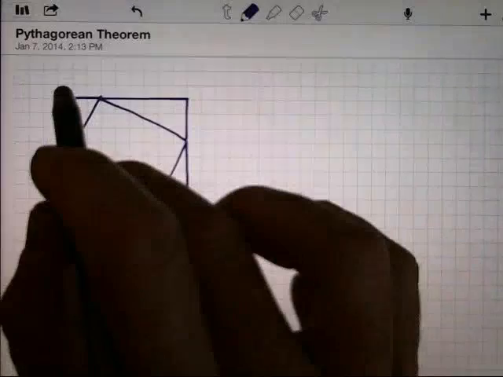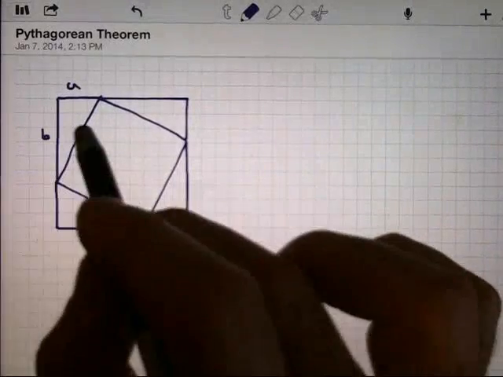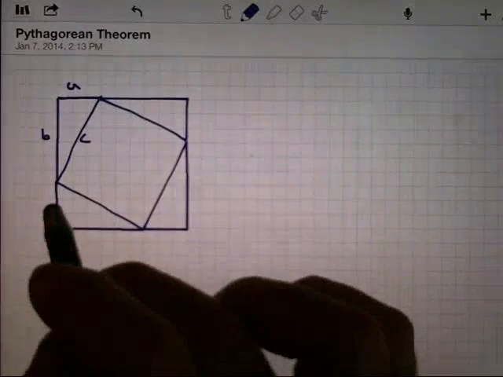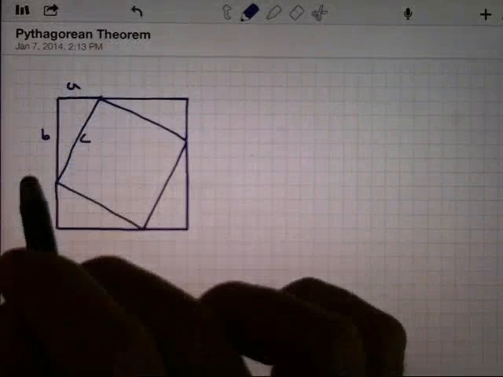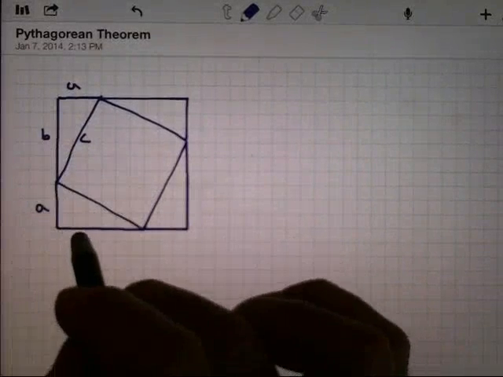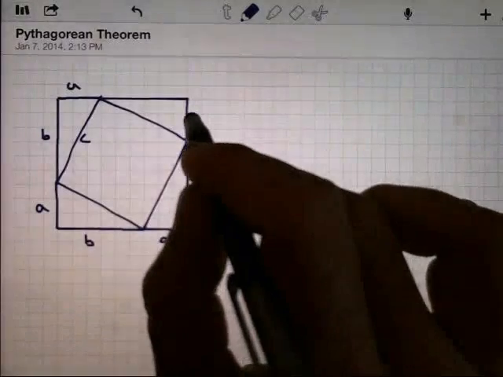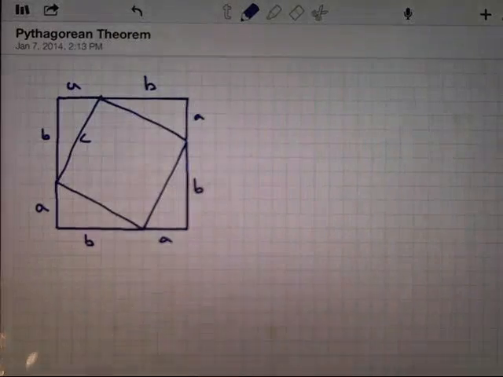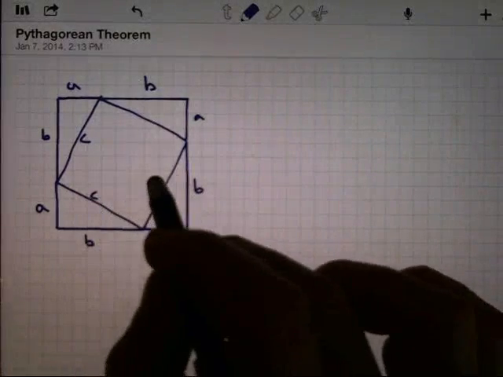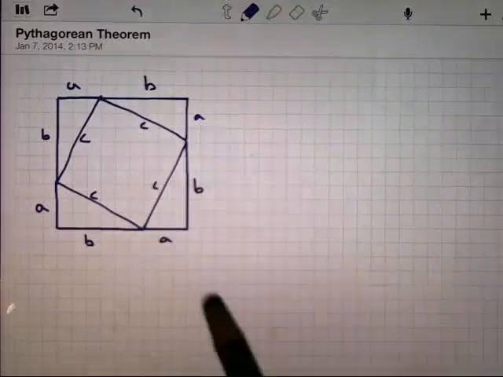So labeling some sides here, if I call this A and this B, and the hypotenuse is C, the A was the same as this one, the B was the same as that one, likewise this is A and this is B, and A and B, and all those hypotenuses are C.